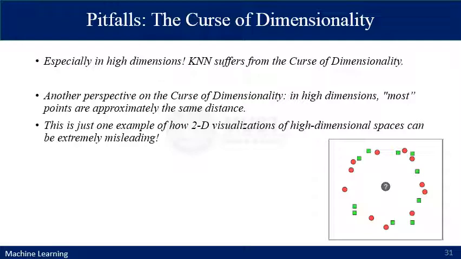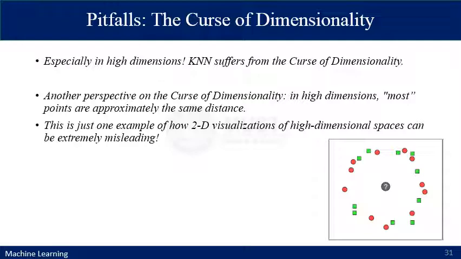So that is the working of the nearest neighbor algorithm, or the k nearest neighbor algorithm. However, there are some general problems or pitfalls of the nearest neighbors algorithm which you should keep in mind whenever applying it to any dataset.